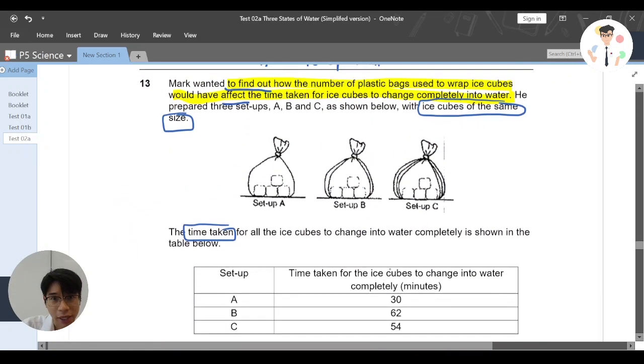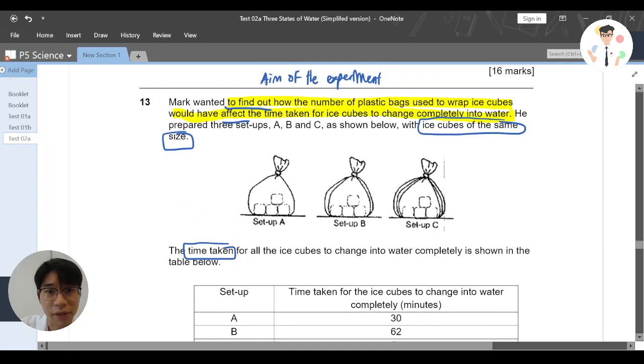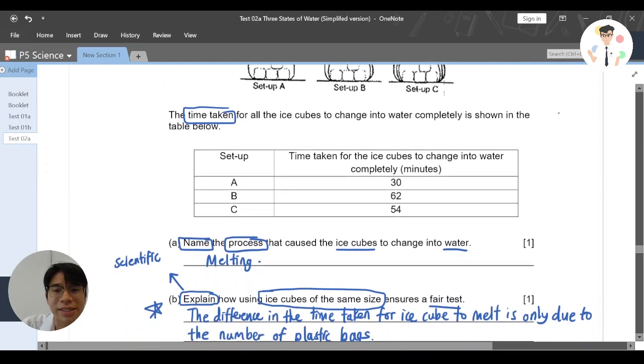Again, I told you, this is the aim of the experiment, and the aim always mentions this. The number of plastic bags used to wrap the ice cube is something we call the changed variable, something you want to test. That's why you put different numbers: one plastic bag, two plastic bags, three plastic bags. And the effect is the result. Why do I want to use the same size?